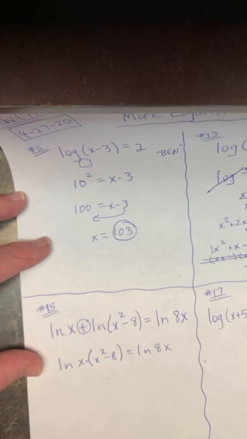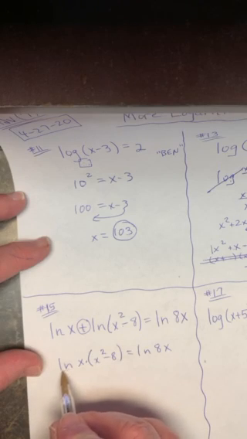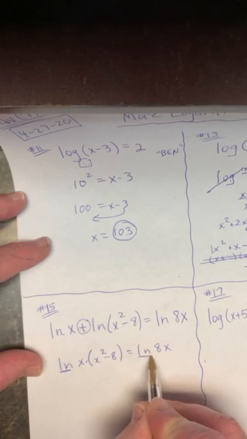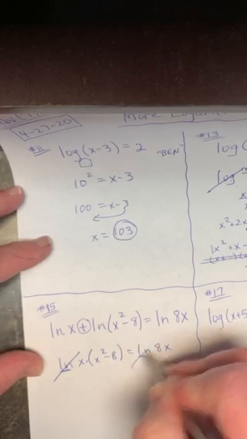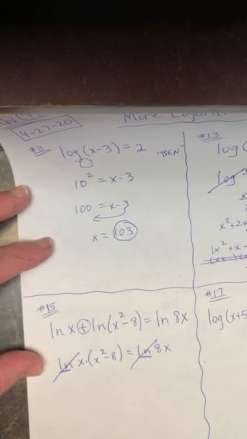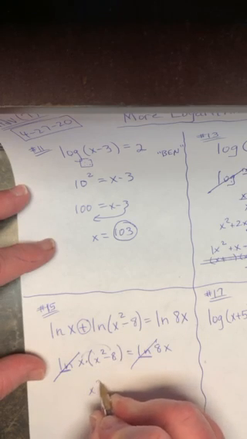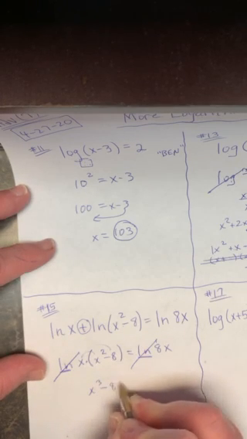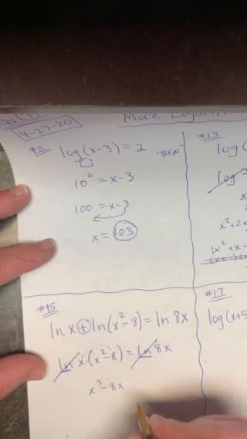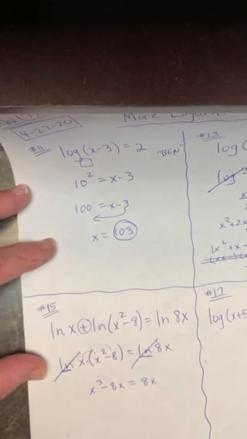Now, good news, just like the last problem, okay? I got an ln on the left and an ln on the right, so they cancel each other out, just like the last problem. So really, when I distribute here on the left, don't I have x cubed minus 8x equals 8x?